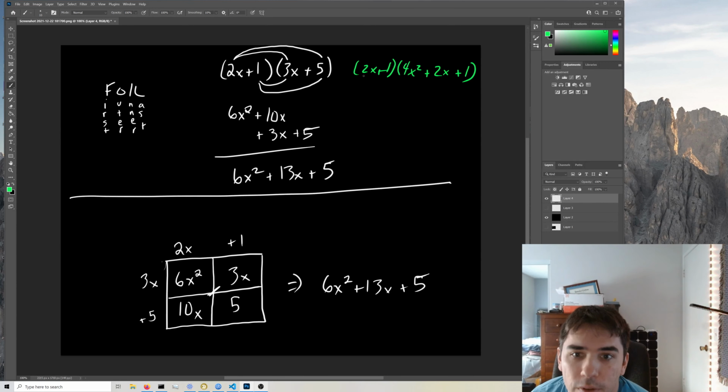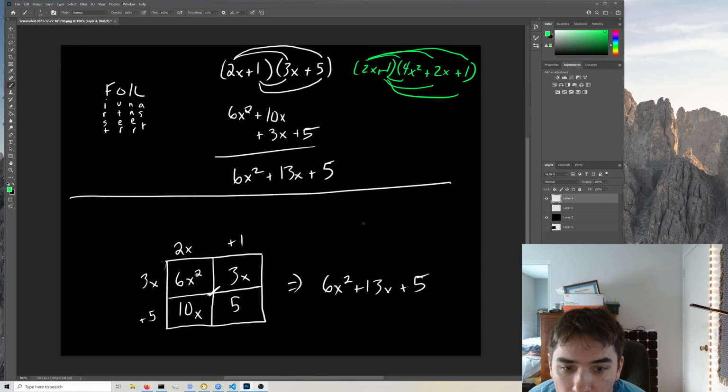So for FOIL, you have to go like here, here, here, and then here, here, here, and it just gets more complicated. But for the box, you could have just drawn a box, this is small obviously, but you could do 2x, 1 on one side, plus 1, and then 4x squared, 2x, and 1.